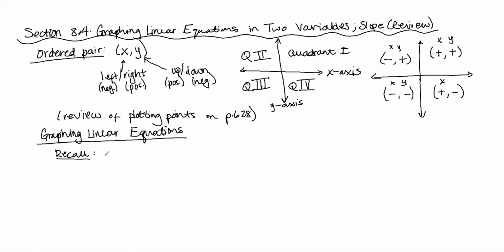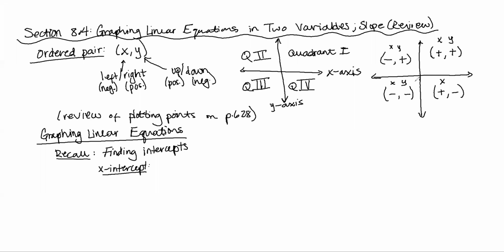In order to find the intercepts, we have both an x and a y-intercept. So for the x-intercept, if you look at this graph over here, the x-intercept is where any graph or line, whatever it is, crosses the x-axis.